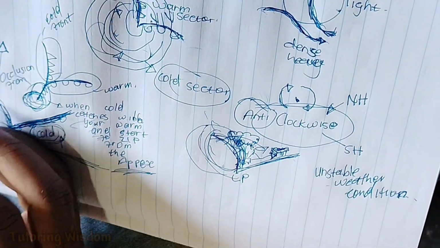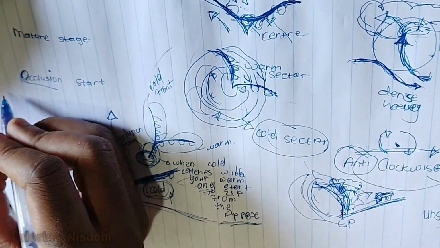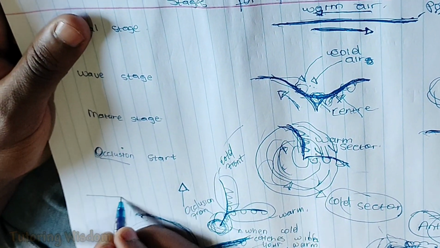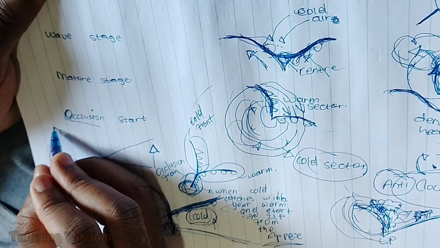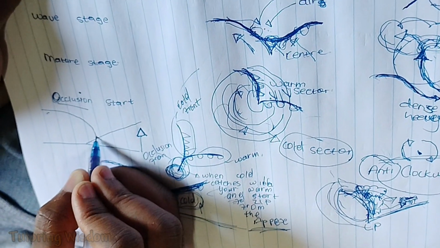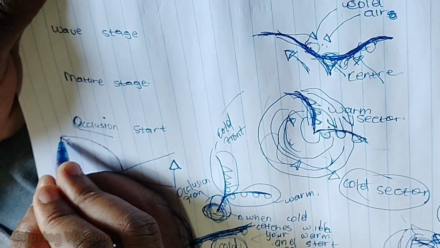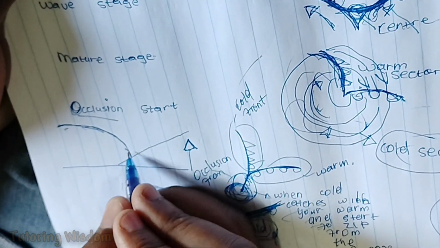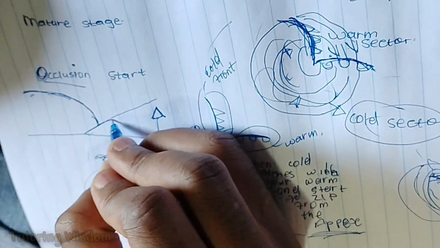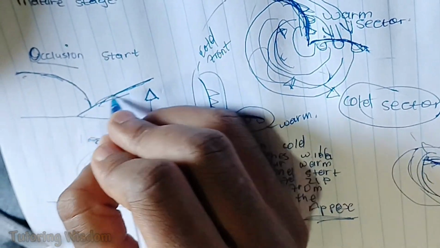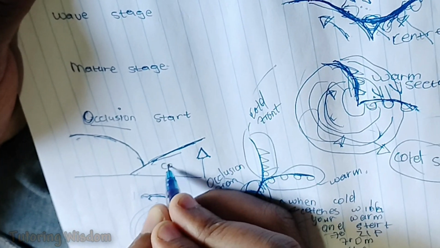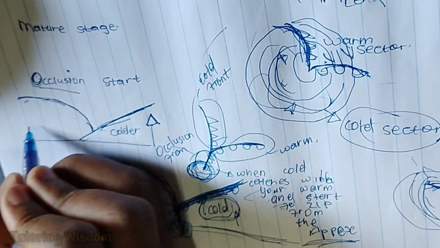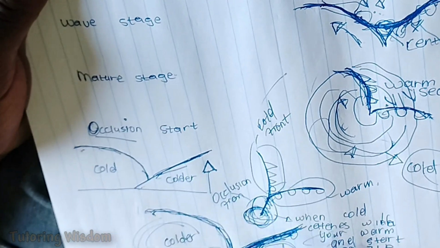Now we are going to look at your warm front occlusion. So your warm front occlusion will look something like this. Now your warm front is touching the ground and your cold front is uplifted, right? Now why is this so? The air behind your warm front is colder than the air behind your cold front.